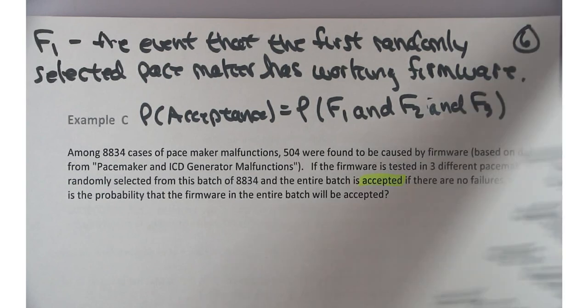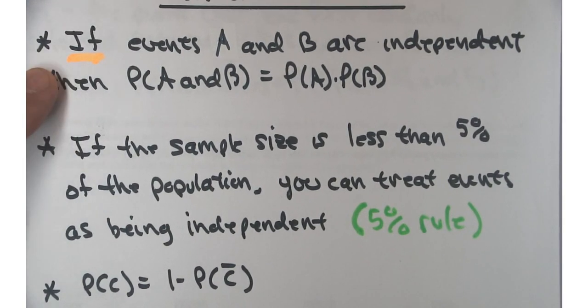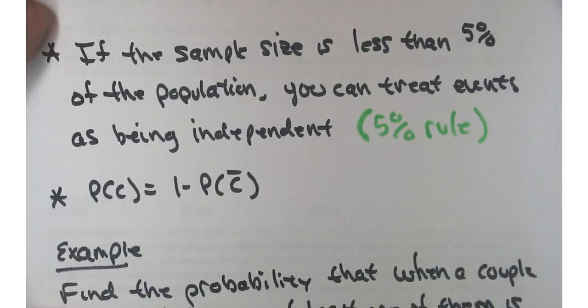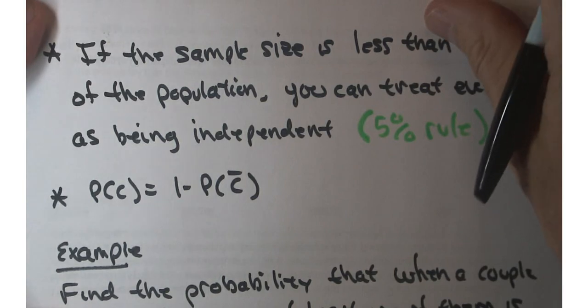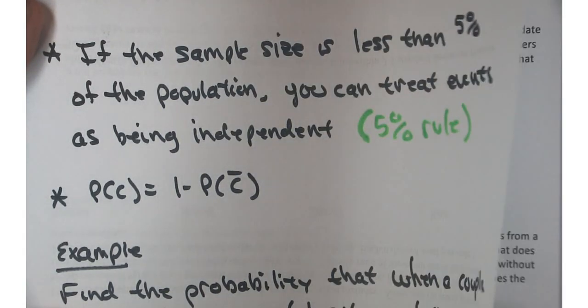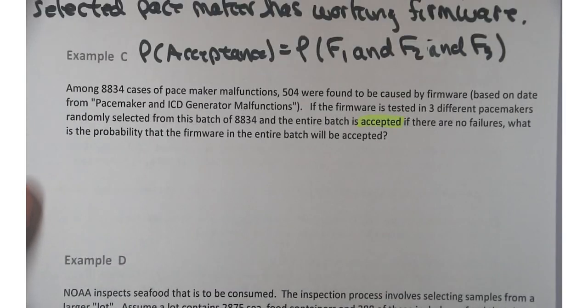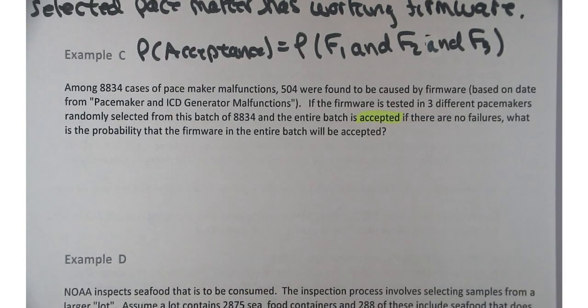Let's look back at the start of our notes. Well, it's not this. The 5%. Oh, the 5% rule. So let's see if we can work this with the 5% rule. Does it satisfy the 5% rule? Well, let's see. Do you think a sample size of n equals 3 is less than 5% of our population?